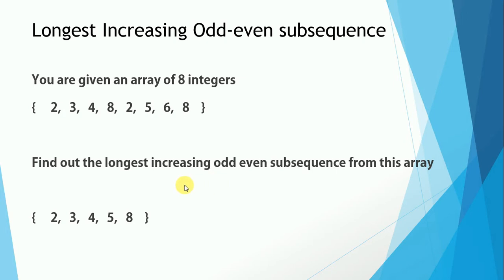From this array, the length of the longest increasing odd even subsequence is going to come out as 5, and the subsequence will be 2, 3, 4, 5 and 8. You can see it is increasing in order and the alternating integers are odd even.